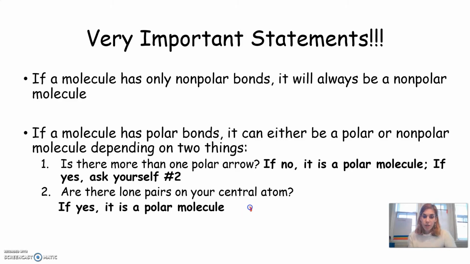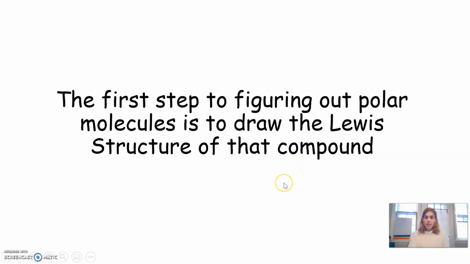Remember, lone pairs, I mean the little dots, the electrons around the central atom. If there are electrons around the central atom, then it's a polar molecule. But if there are only bonds, no dots, then it's nonpolar. So the first step to figuring out polar molecules is to always draw the Lewis structure of that compound.